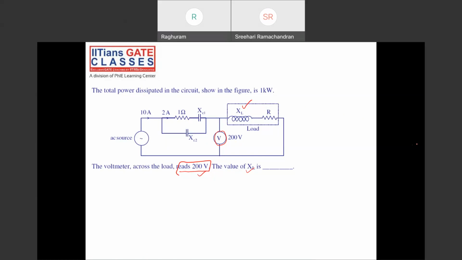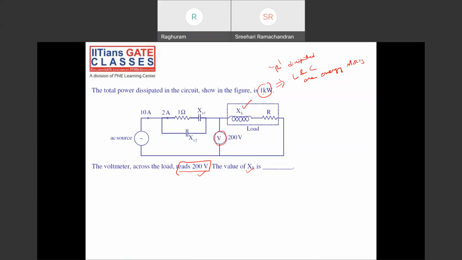See, for these kinds of questions, you have to understand the concept: 1 kilowatt is the power dissipated. Power only gets dissipated in the resistors, because L and C are energy storing elements.